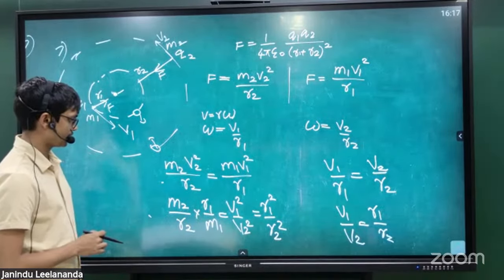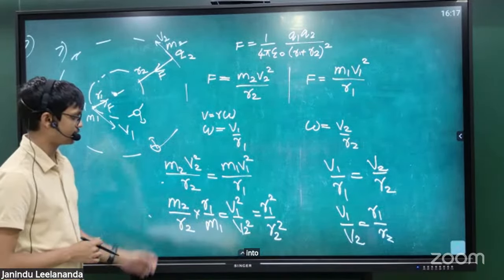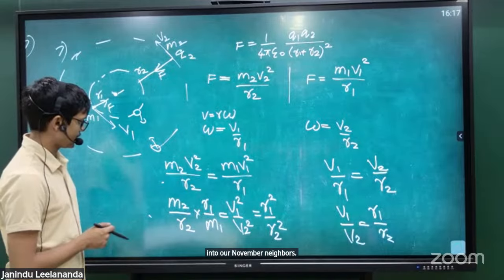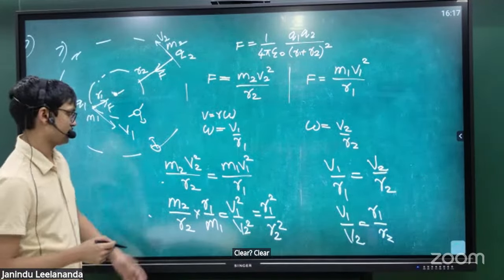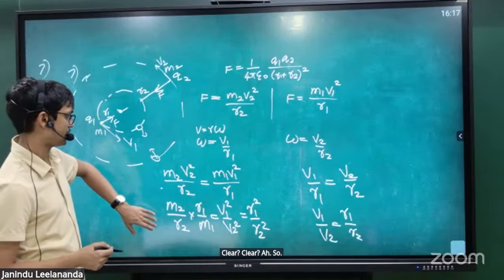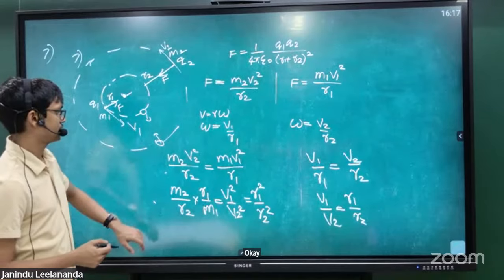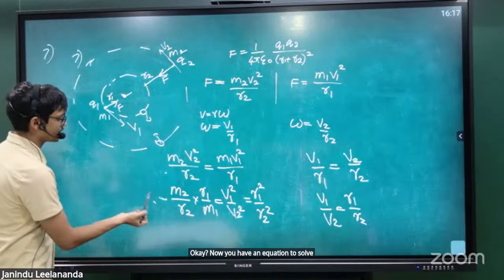m2 over r2 into r1 over m1 equals... Clear? So just solve this now, that's all. Now you have an equation to solve, then you can get the answer.